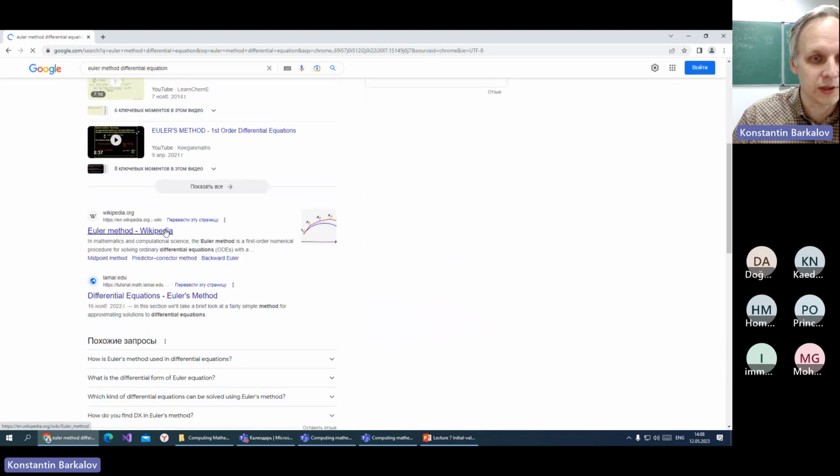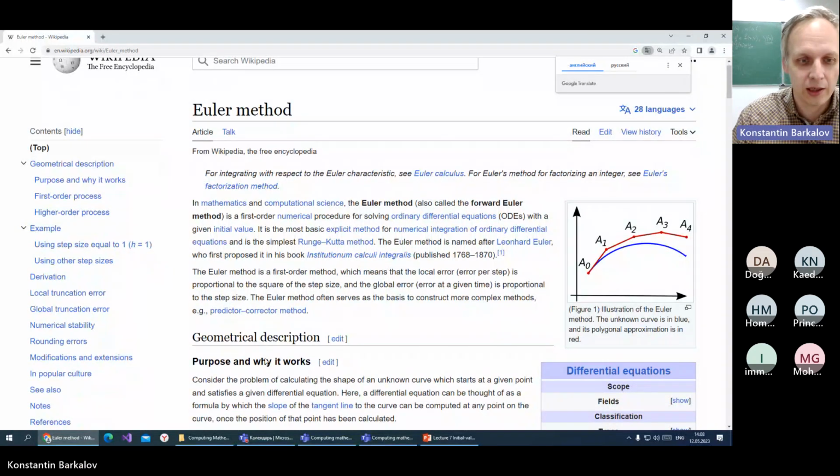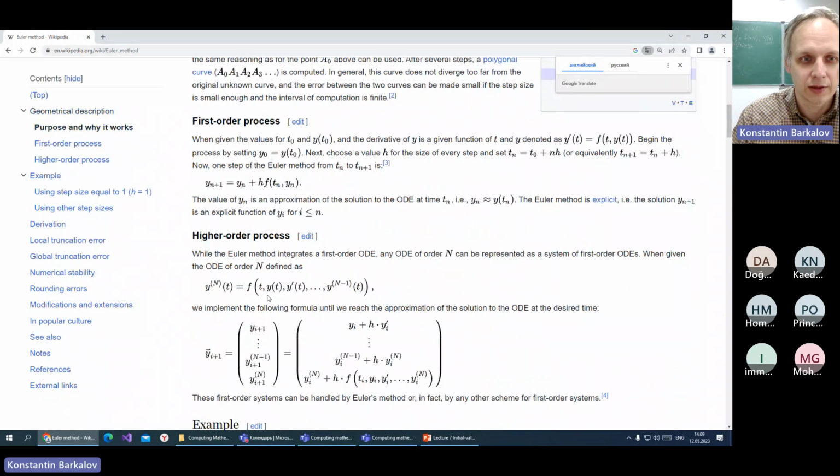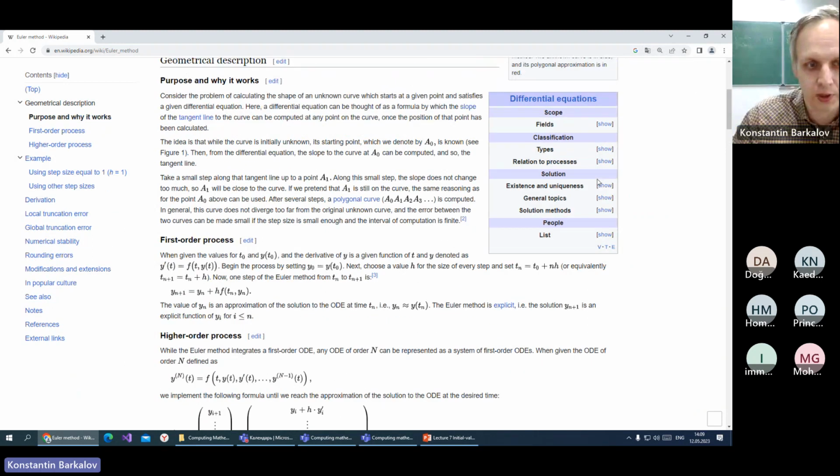I think the first link is to Wikipedia, with the picture that illustrates the piecewise linear function that we consider as an approximation to this unknown function. And also you can find the general formula of this method. All these topics are easy to find in Wikipedia.